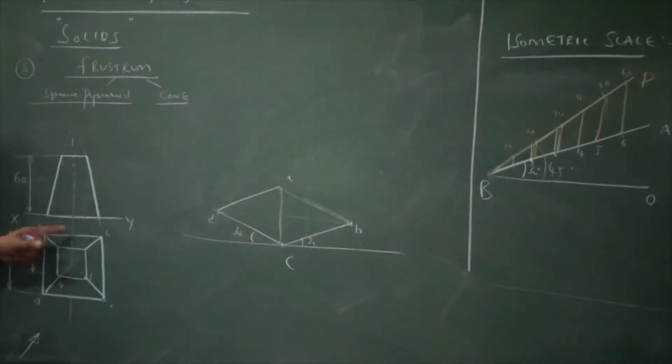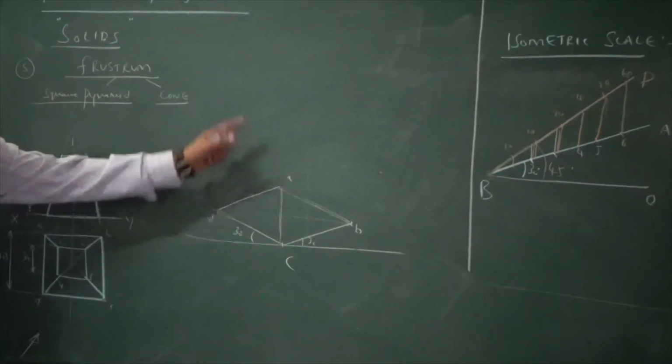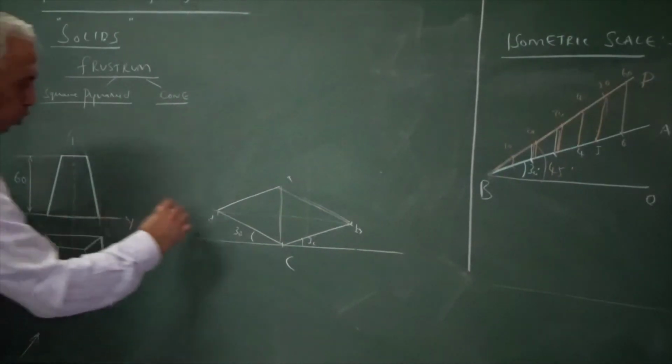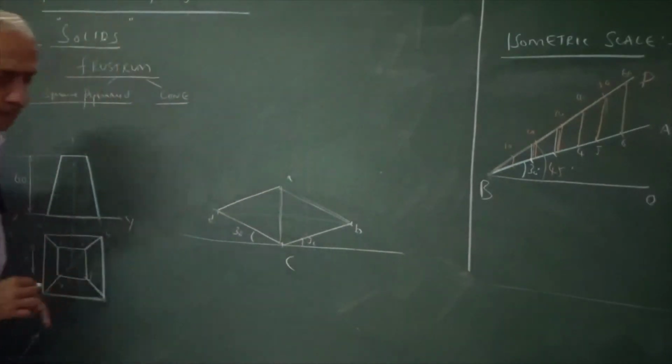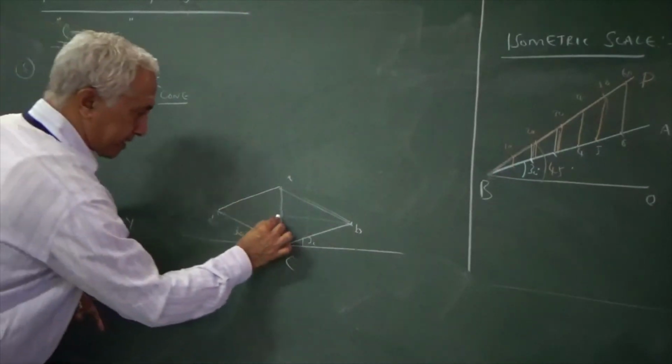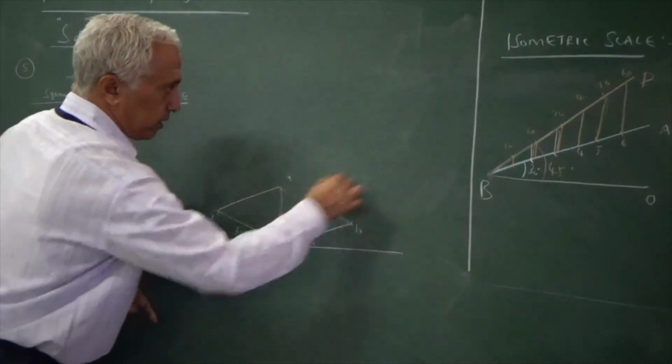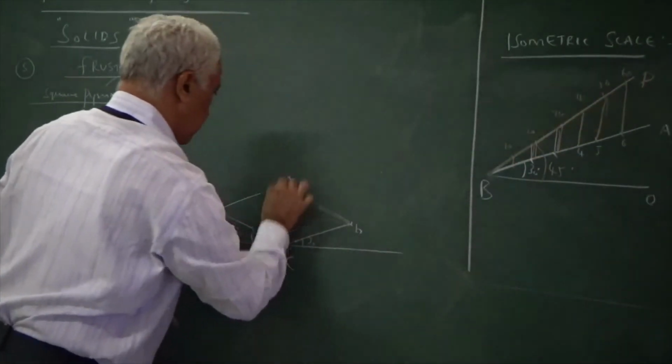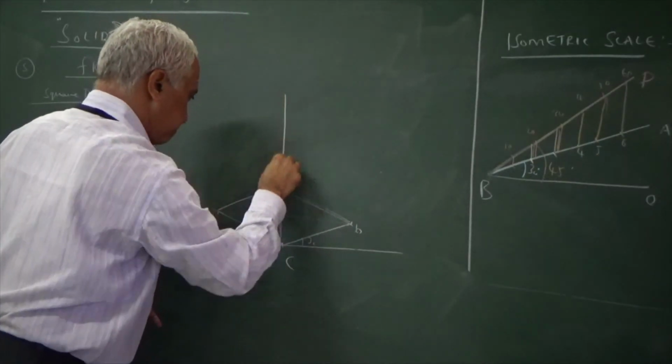So obtain the base of the pyramid. You know that in case of a pyramid and cone, I take the height from the center. So locate the center of the square base. Height is 60 millimeter. From the center of the square, get ISO 60 and draw a vertical line.